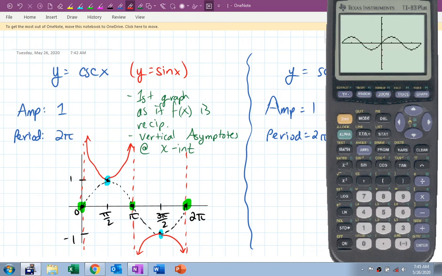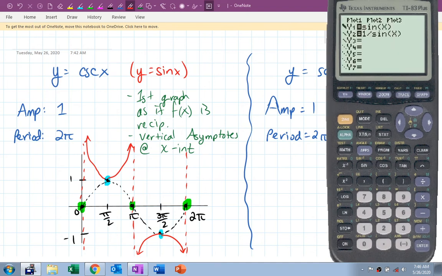So here's the sine graph. If I can graph 1 divided by sine x, I wonder if it does it well or not in here. Let's see what happens. Oh, I put 0. Let's see. There's the sine graph. Oh yeah, there it is. But, all right, let's take the sine graph off, just so you don't see it.